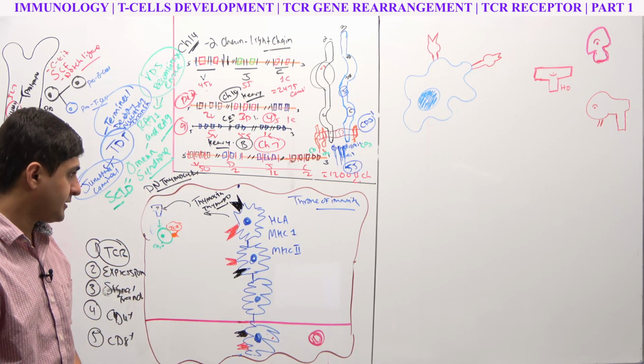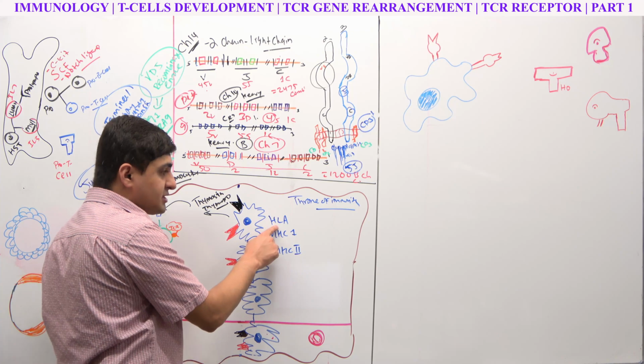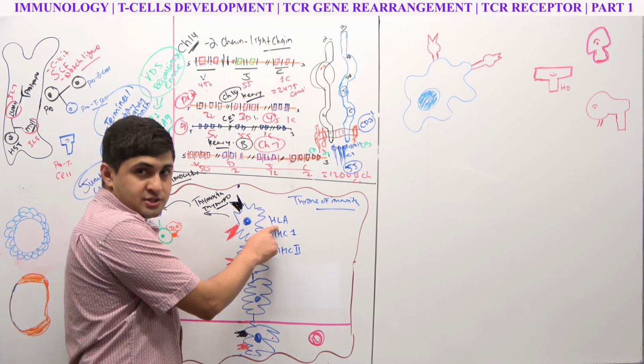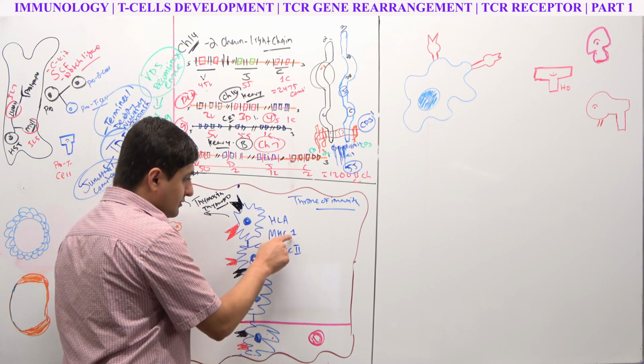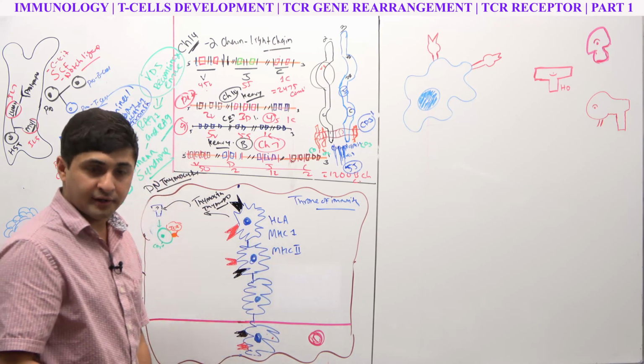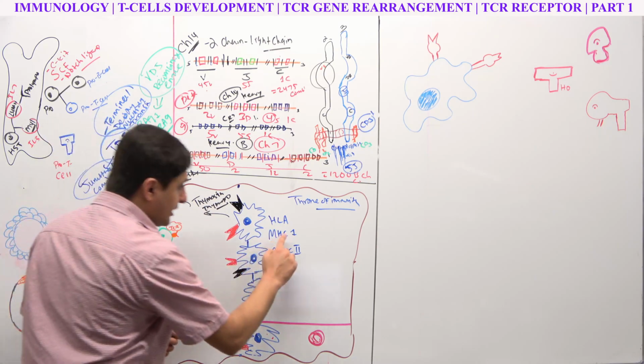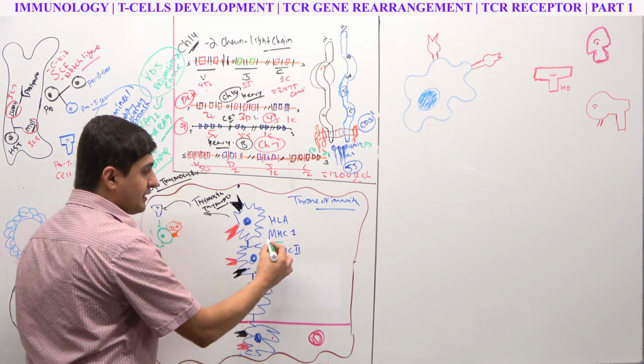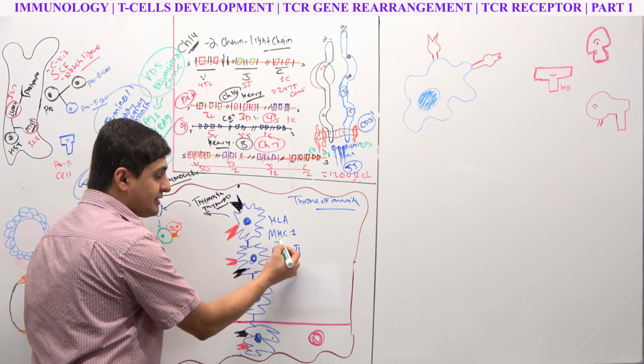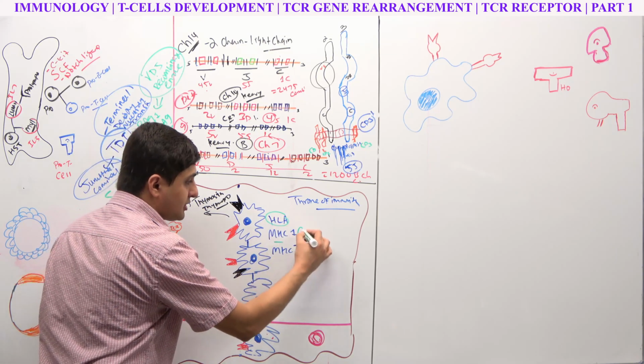It is a very important concept here, guys. These MHCs are also called human leukocyte antigens. There are going to be 1 and 2. In humans, let's write down HLA.